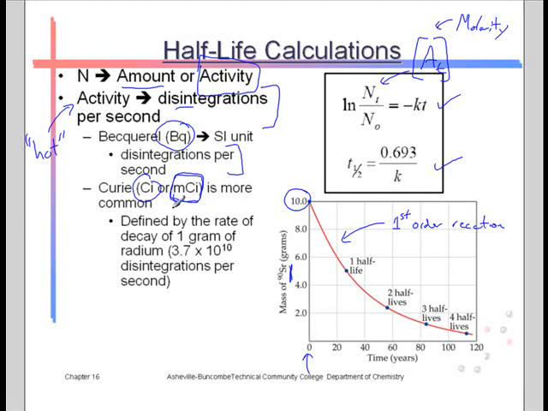And the Curie unit is named after Madame Curie from early 20th century work on radioactivity, but it's defined as a decay rate for 1 gram of radium, which is 3.7 times 10 to the 10 disintegrations per second. And so one Curie is not equal to 1 Becquerel. So there's a little bit of conversion. I'm not worried about it here.